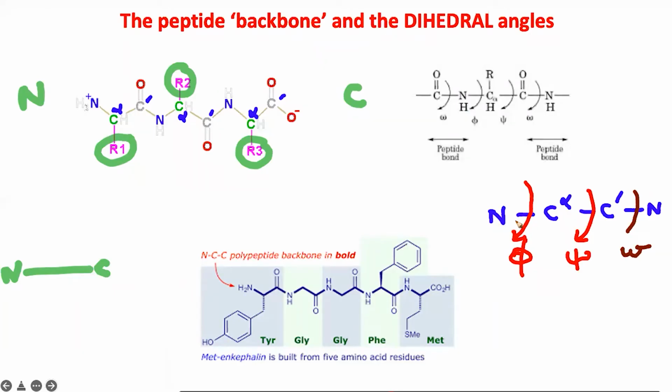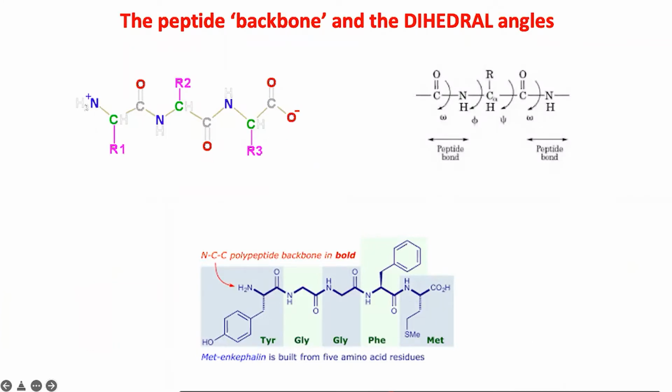Phi is defined with four atoms, and that is something you have to remember, that a torsion angle or a dihedral angle is defined by four atoms, and the four atoms which define this are shown in one of the slides up ahead. I'll come to that slide. Just remember that there are three torsion angles along the polypeptide main chain: phi, psi, and omega, and I have defined them partially, and I will define them a little more clearly later on.